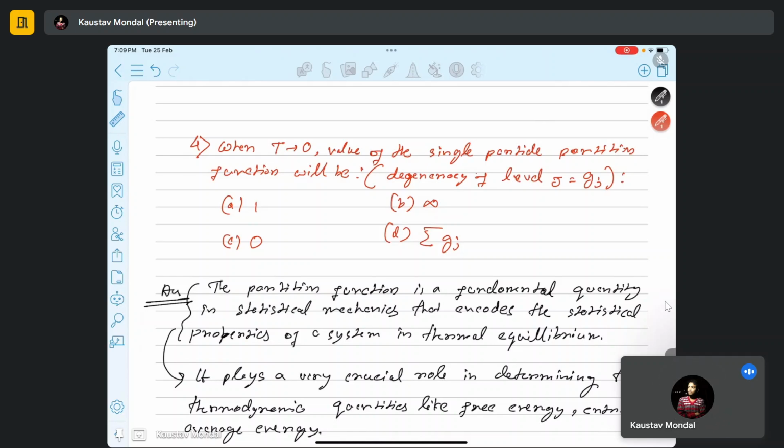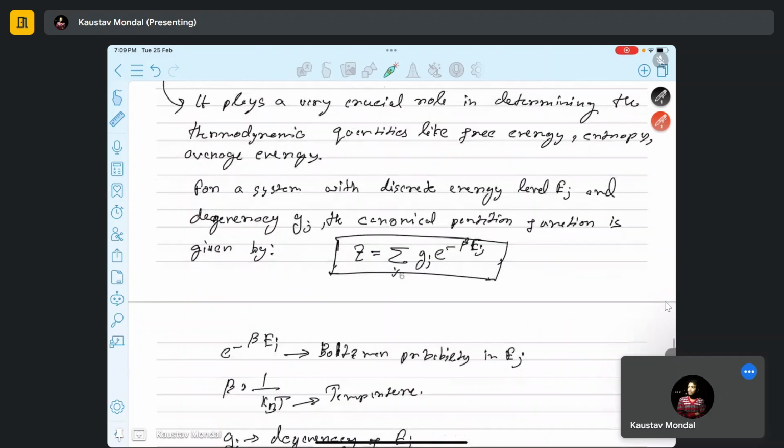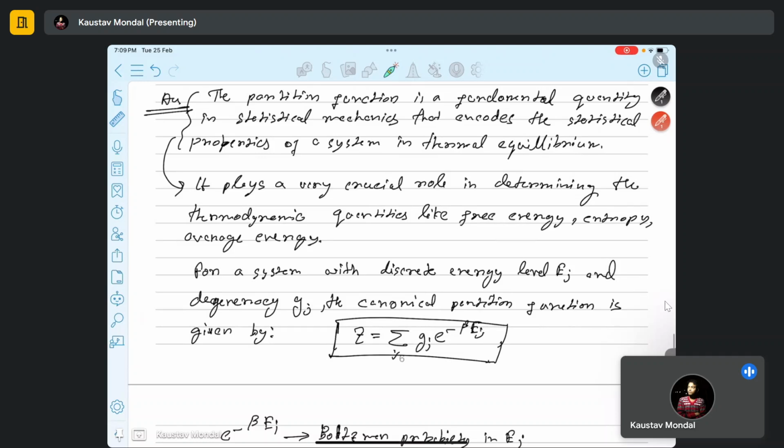So what we have learned: Z is called the canonical partition function. If a system consists of discrete degenerate levels Ej, and let's suppose each energy level has a degeneracy of gj, then the partition function is given by this quantity.